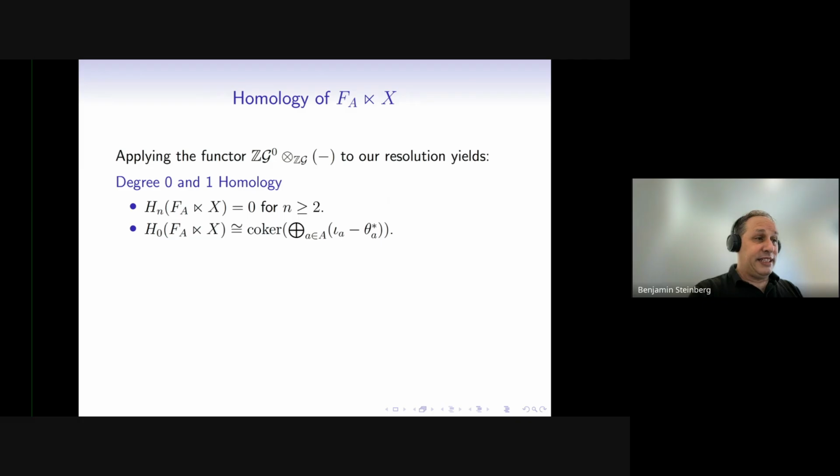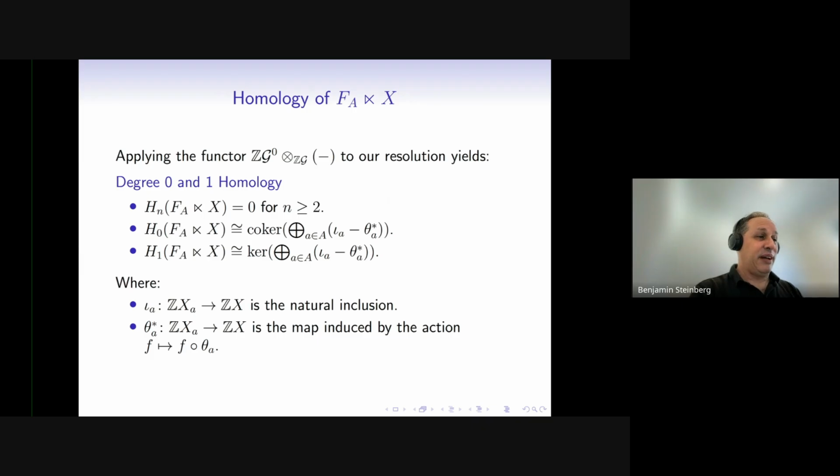The homology in dimension 0 is just the cokernel of, I'll explain what these maps are. I_A is basically the inclusion of X_A, and theta_A star is induced contravariantly by theta_A. So let me just write what these are. I_A is the natural inclusion of Z X_A into Z X by extension by 0, and theta_A star is just precomposing with theta_A.